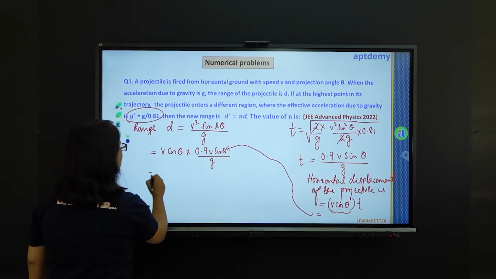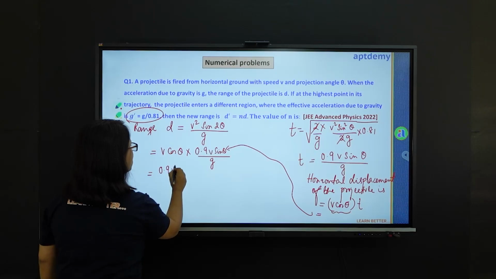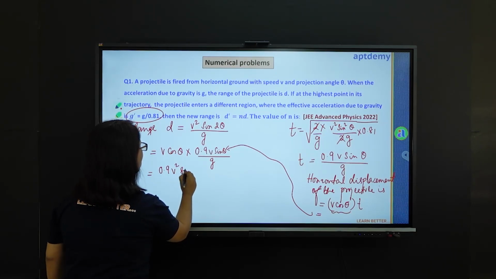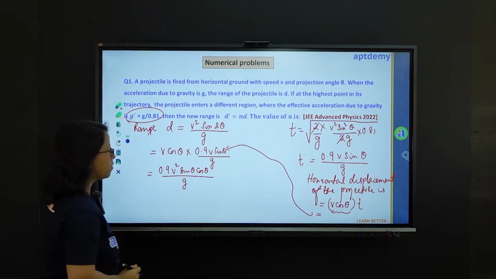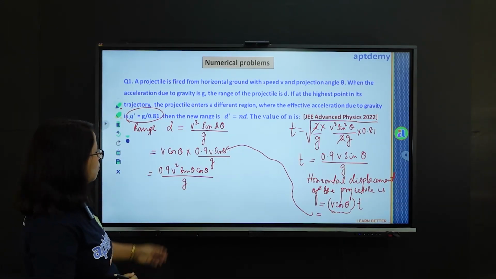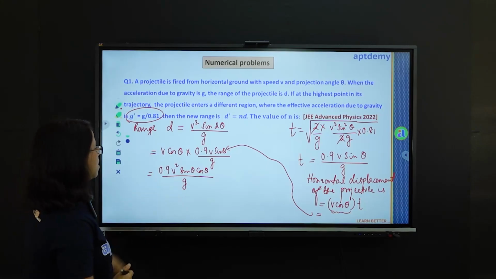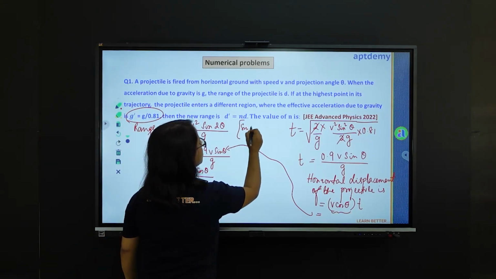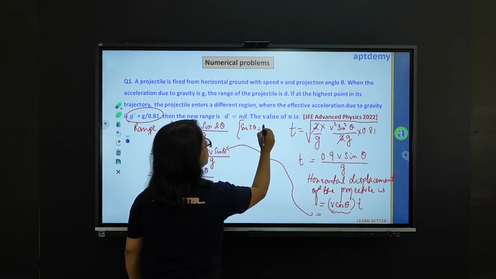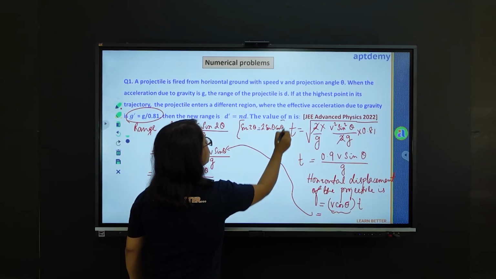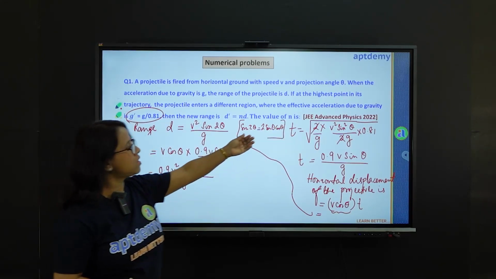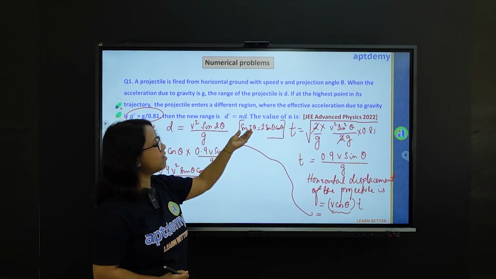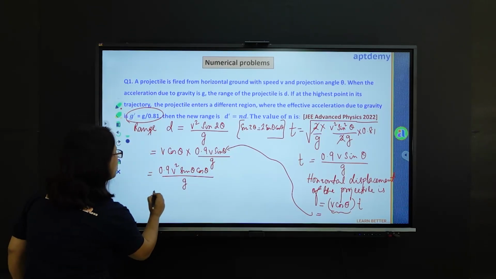We have 0.9 v square sin theta cos theta by g. If we try to bring in the multiple angle concept, that is sin 2 theta, which is equal to 2 sin theta cos theta, then sin theta cos theta is nothing but sin 2 theta by 2. So we may write this here.